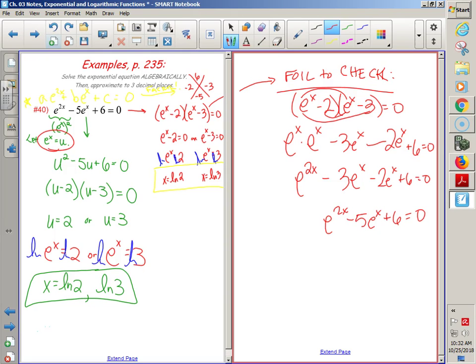Just like if you have factors, the squared disappears, the 2x disappears for the same reason. If you ever had an e to the 2x and an e to the x in a number, you can always factor. The numbers might change, but yeah.